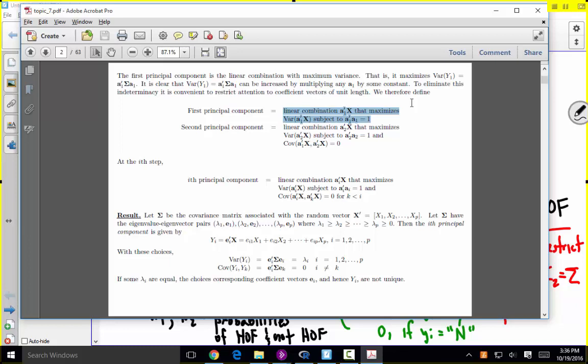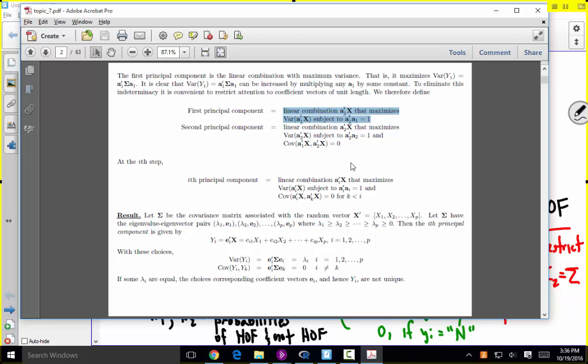For convenience purposes, we restrict the linear combinations to have length 1. So A1 transpose A1 is equal to 1. The computer does this for us. It picks the linear combination and it normalizes the coefficients to have length 1.